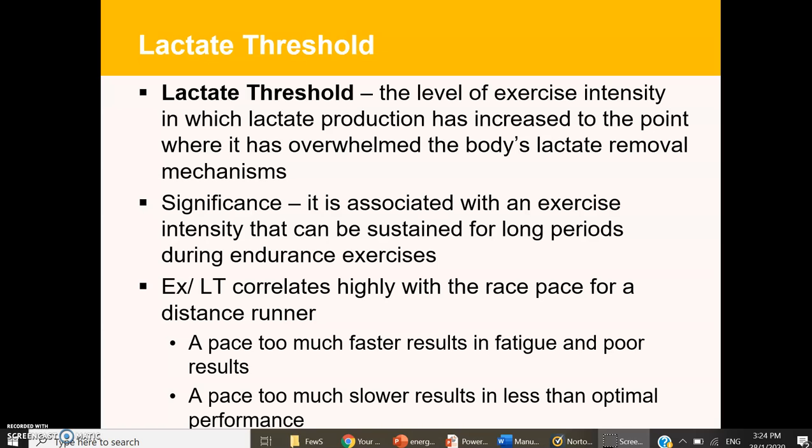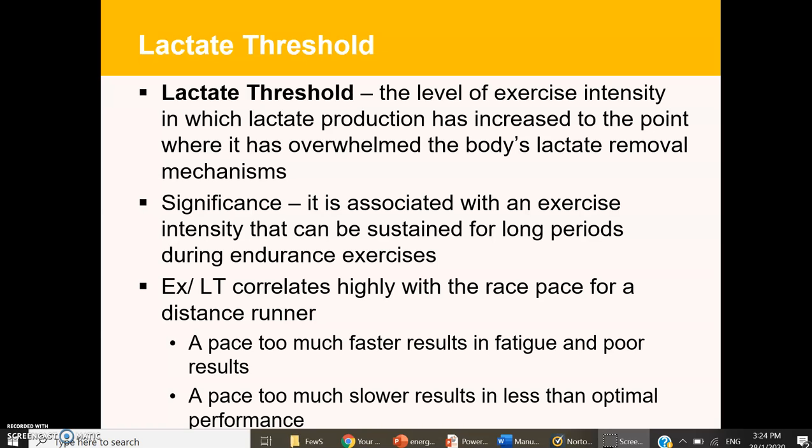Okay. So this point of exercise intensity is often erroneously referred to as an anaerobic threshold, with the explanation that this is the point of exercise intensity where aerobic metabolism is insufficient and anaerobic glycolysis suddenly becomes active, producing lactate.